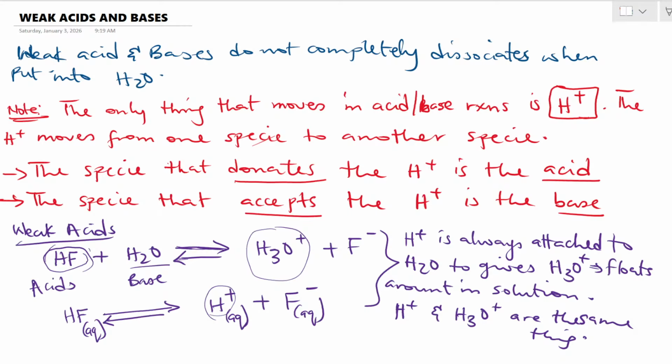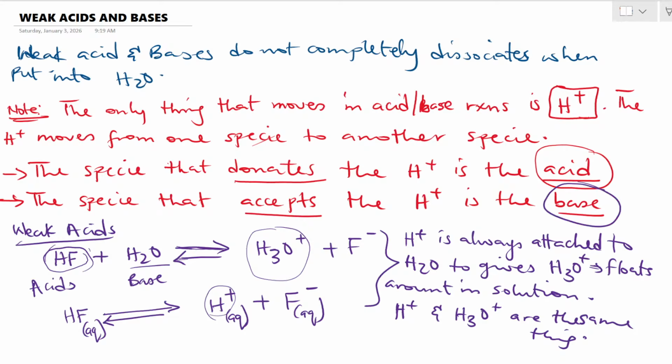The proton moves from one species to another. So in this weak acid, you really see that movement. Alright, so the species that donates the proton is what? The acid. Very key. The species that donates the proton is what? The acid.